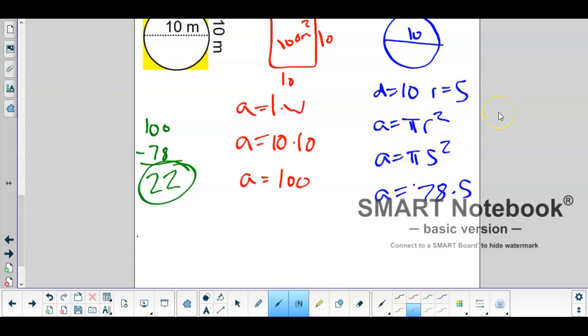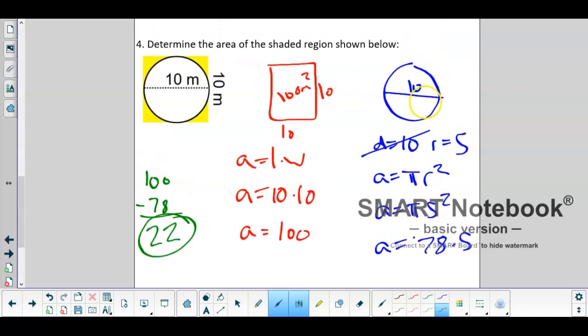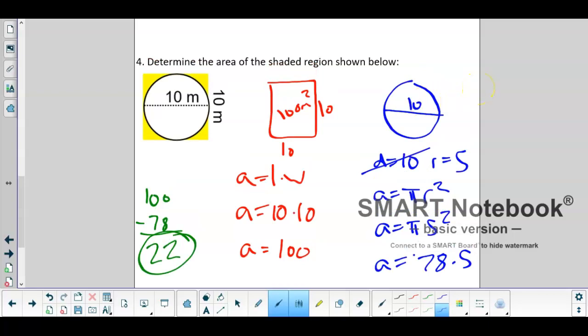Again, I had my radius ready for me, got rid of my diameter. Pi times 5 to the second power is 78.5. And again, now I would have known that the inside of this circle would have been 78.5 square meters. But since I had to find the shaded region, I know that 78 of that 100 area was being taken away, and you should have gotten an answer around 22.